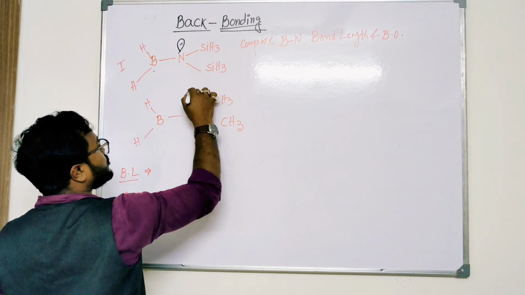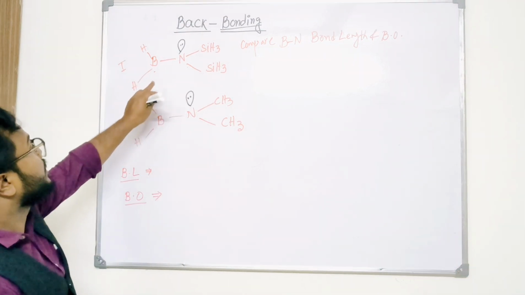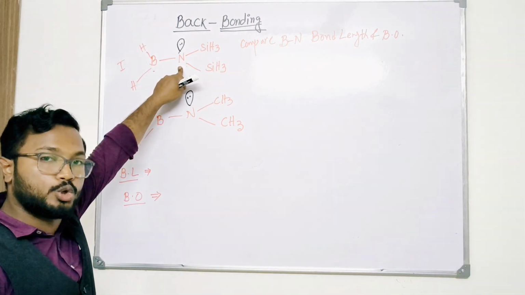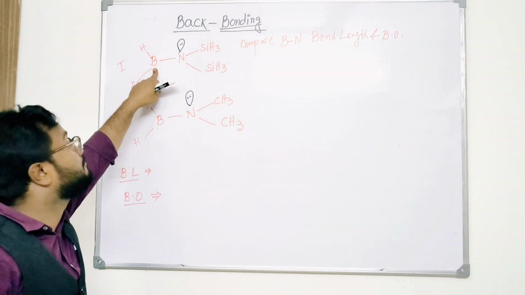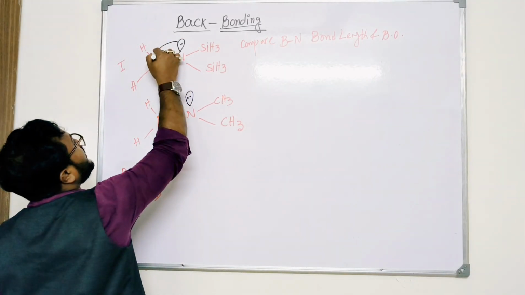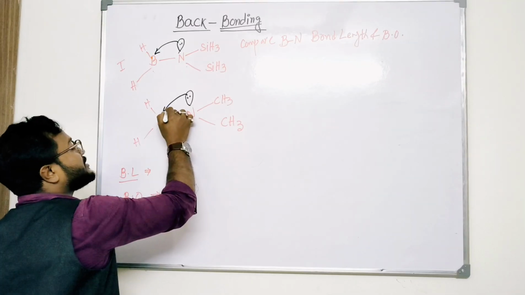This nitrogen also has a lone pair. Nitrogen has the capacity to donate its lone pair, and B has a vacancy of electrons. Nitrogen can donate its lone pair to B. Here also it can donate its lone pair to B.